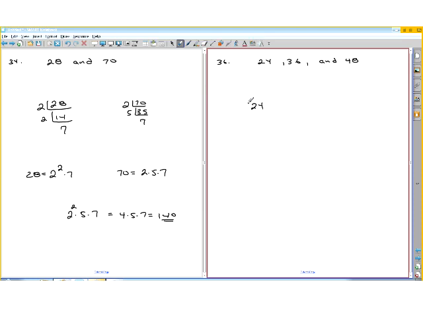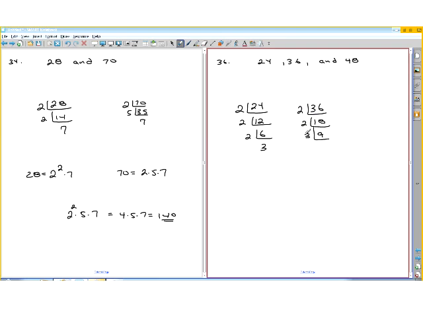Okay, prime factorization first. 24 divided by 2 is 12. 12 divided by 2 is 6. 6 divided by 2 is 3. Okay, so that's it with that one. 36 divided by 2 is 18. 18 divided by 2 is 9.